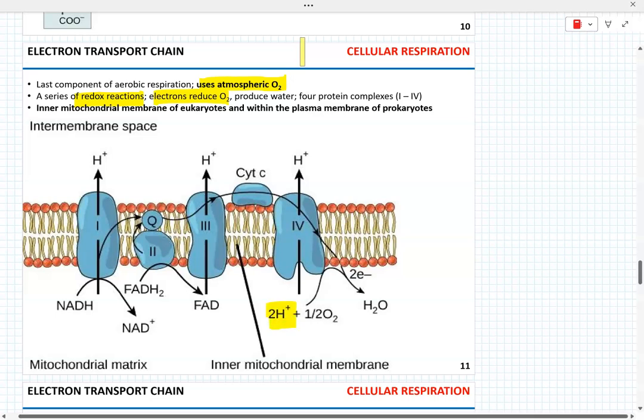The chain consists of 4 protein complexes that transfer electrons between themselves, and these proteins are located either in the inner mitochondrial membrane or in the plasma membrane if we're talking about prokaryotic cells.